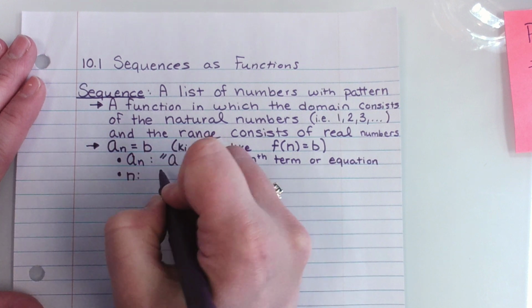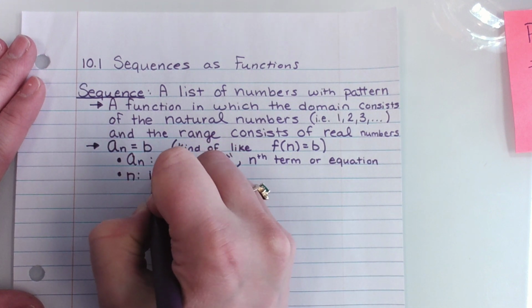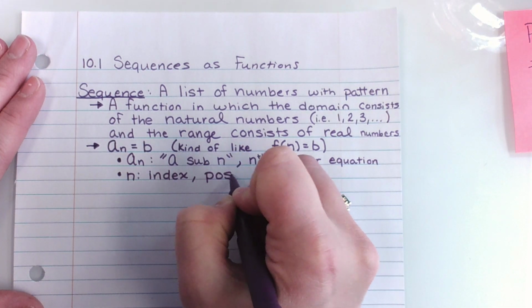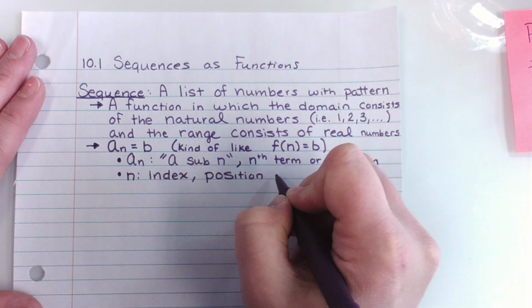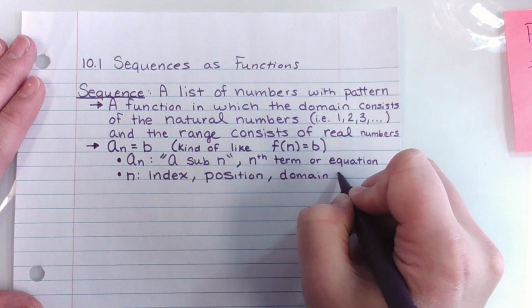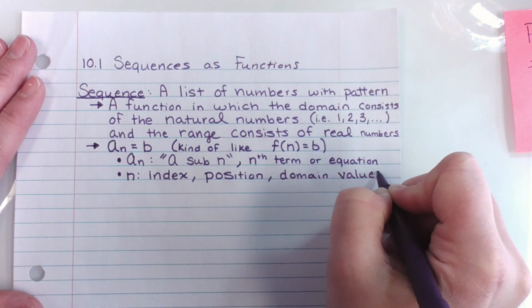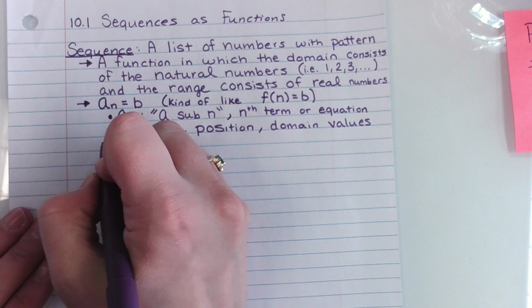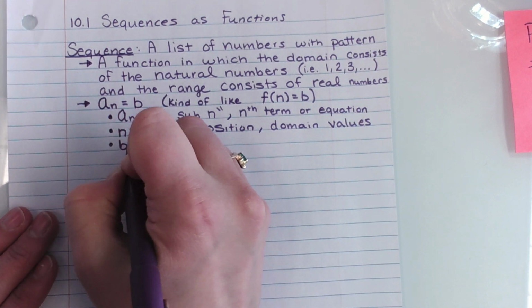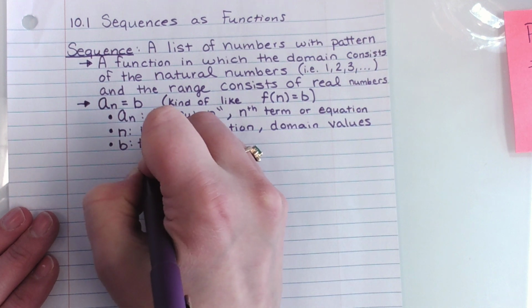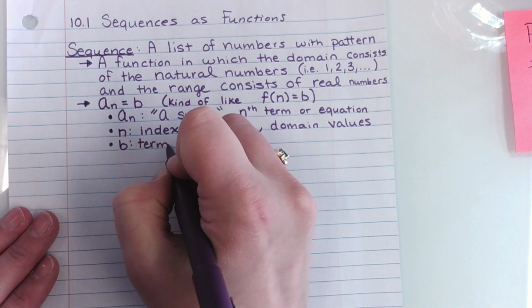The n is technically referred to as the index. It's essentially the position. It's where our domain values go, our 1, 2, 3, 4, etc. The b is the actual term. It's the number in the list.